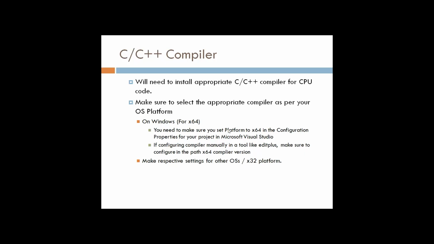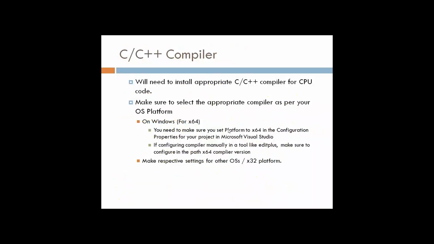Fine. So after the GPU device driver, the next facility we must have on our PC is the C++ compiler, our native C++ compiler, because our code is made up of two parts, the serial part and the parallel part.